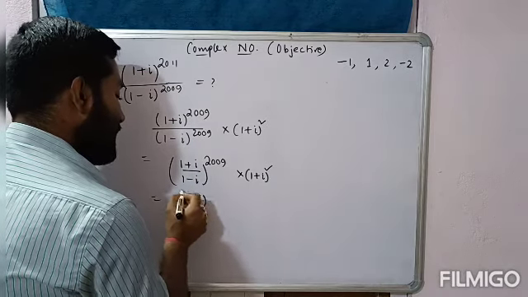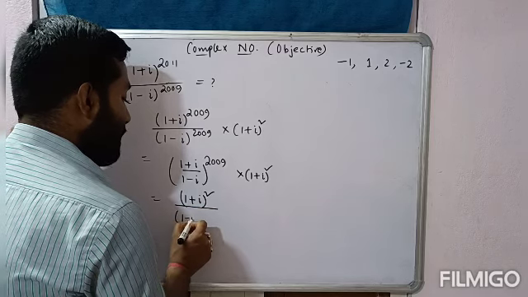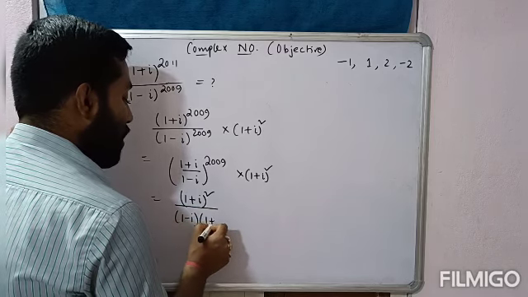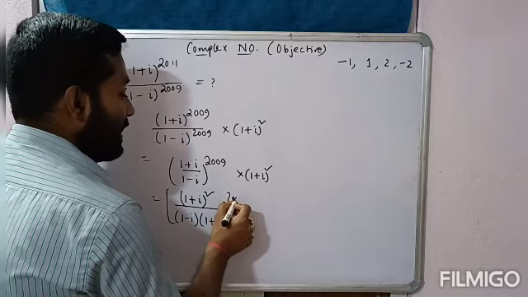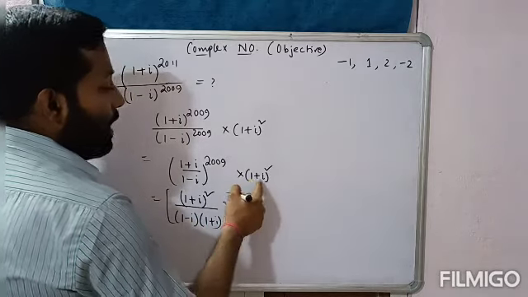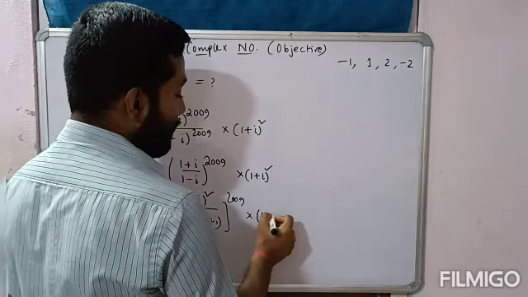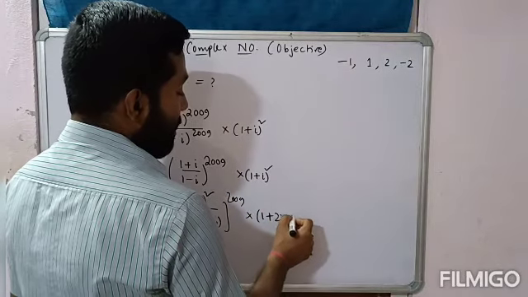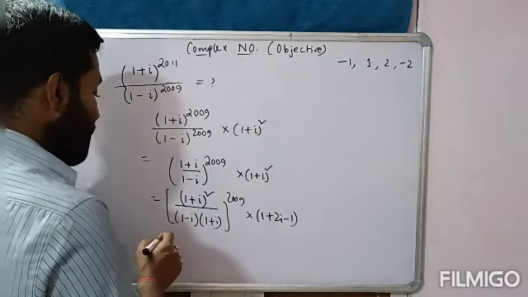(1 plus i) into (1 plus i), that is (1 plus i) whole square, divided by (1 minus i) into (1 plus i), whole thing to the power 2009, alright, into (1 plus i) whole square. If I expand this, this will be 1 plus 2i minus 1, because the value of i square we all know is -1. Okay.